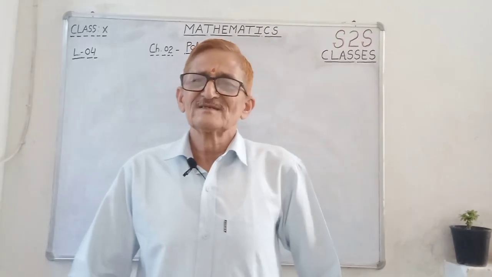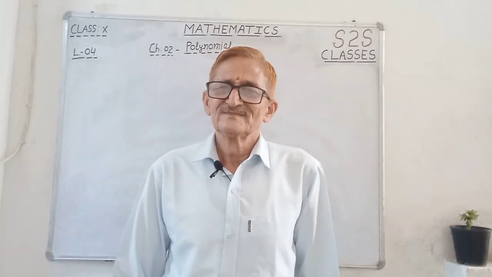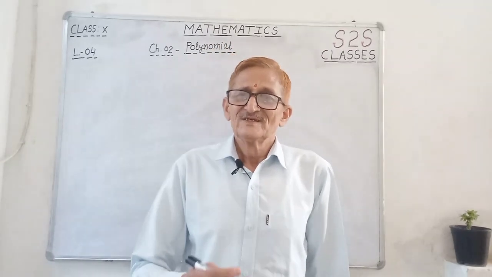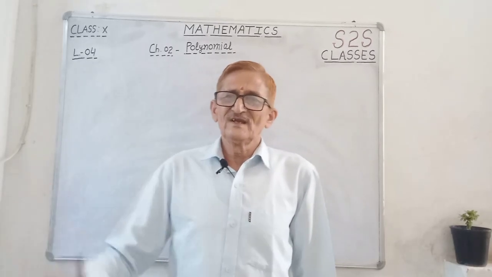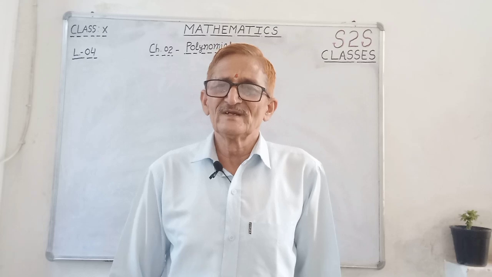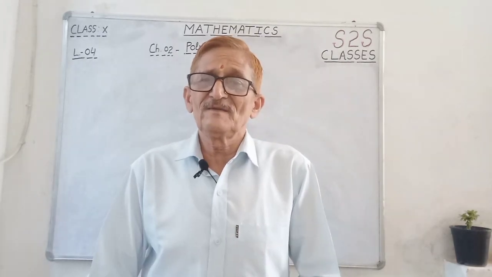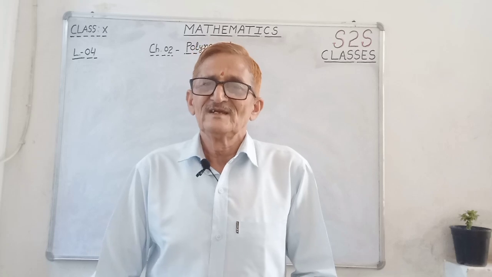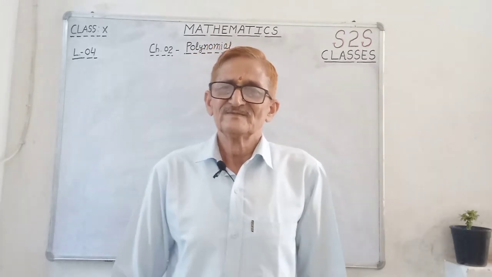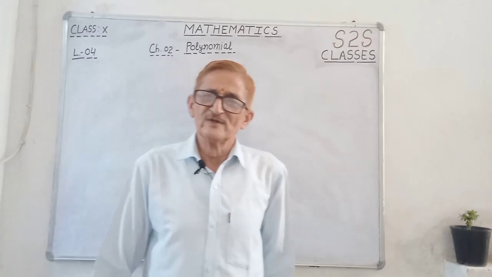Non-negative integer means including 0 and natural numbers, that is 0, 1, 2, 3 and onward, all natural numbers. So these must be the powers of the variable in an algebraic expression. Then that expression is called a polynomial.